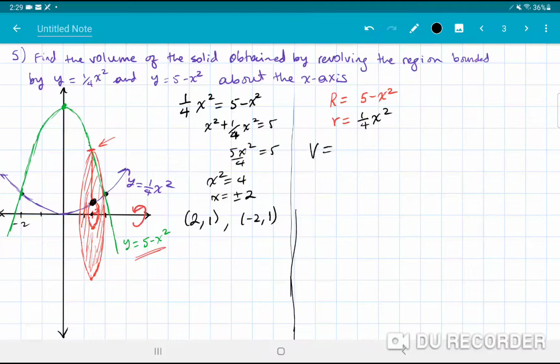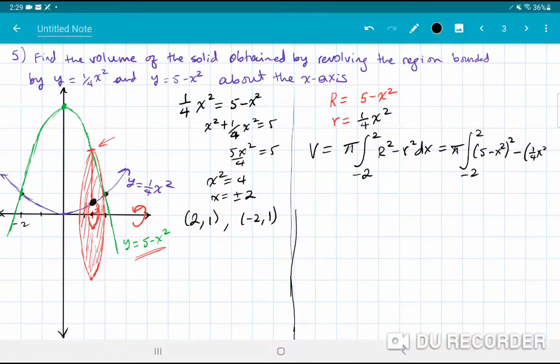So the volume is pi times the integral from minus 2 to 2 of big R squared minus little r squared dx. That gives me pi times the integral from minus 2 to 2 of the quantity 5 minus x squared, squared, minus the quantity 1/4 x squared, squared, dx. Let me rewrite that: pi from negative 2 to 2 of (5 minus x squared) squared minus (x squared over 4) squared dx.